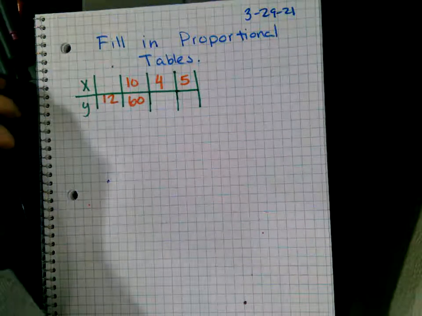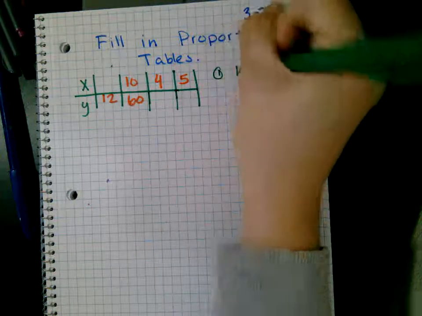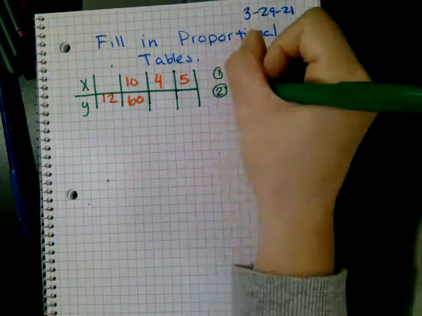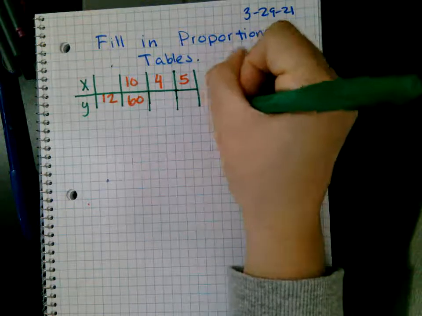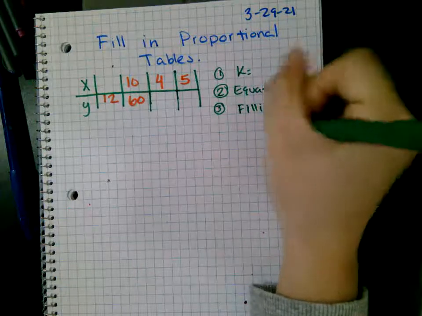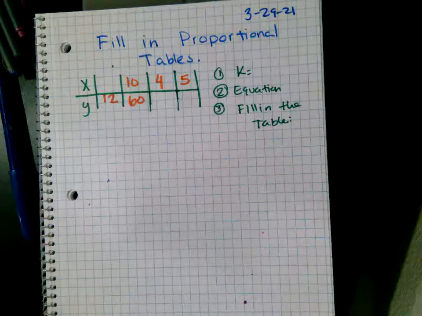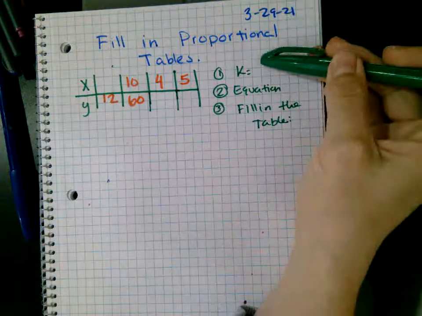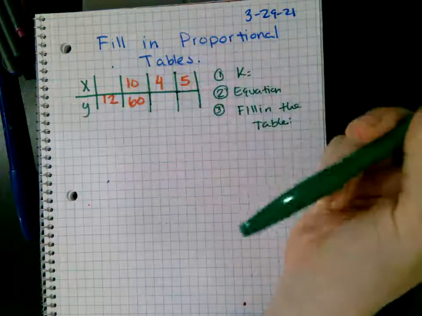But I'm going to ask you, number 1, what is K equal to? Number 2, what is your equation? And number 3, I'm going to ask you to fill in the table. Okay? So I'm going to ask you what K equals, what's your equation, and then to fill in the missing numbers of your table.